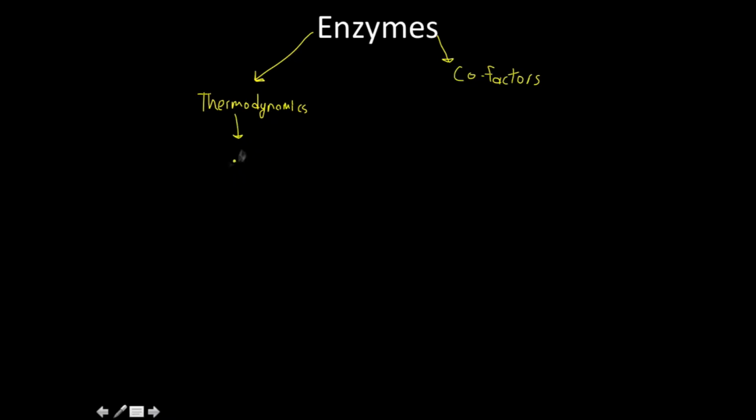So just in case you don't remember, reaction coordinates depend on the change in the Gibbs free energy, the delta G, whether or not this value is positive or negative.